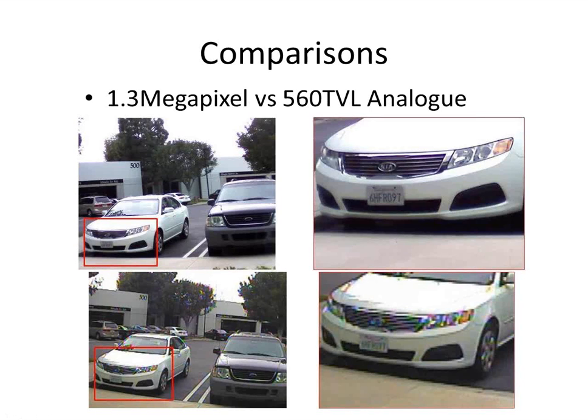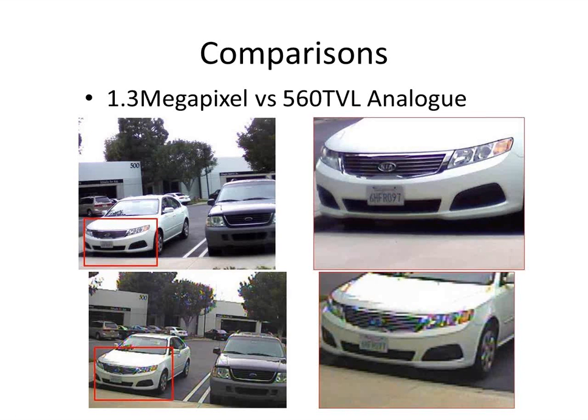Here's a basic comparison of a 1.3 megapixel versus a 560 TV line analog camera. As you can see, the top picture is 1280 by 1024, which is 1.3 megapixels. The bottom picture is the limits of analog. You hit the limits of analog already, which is 0.4 megapixels.